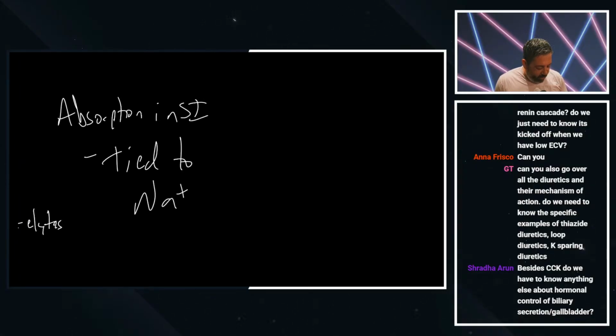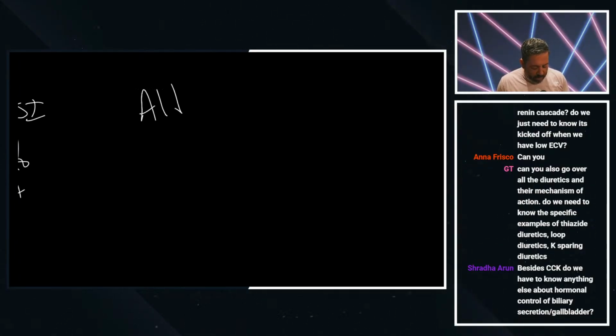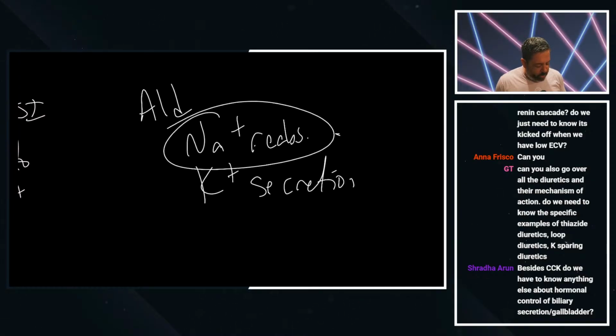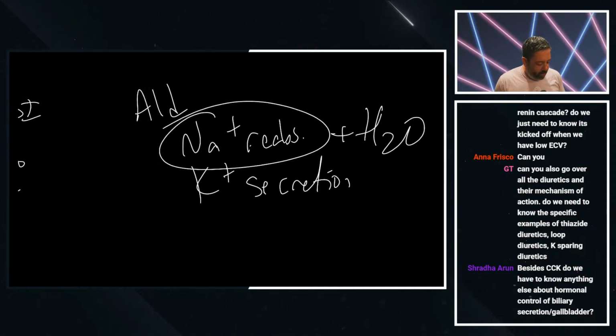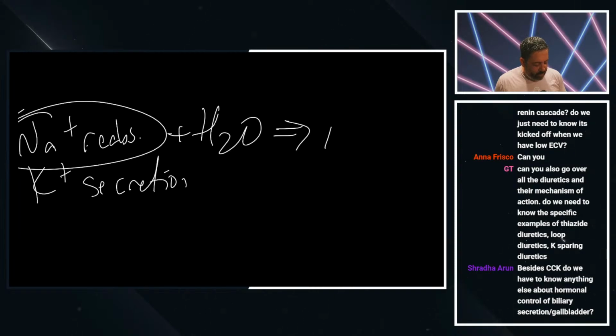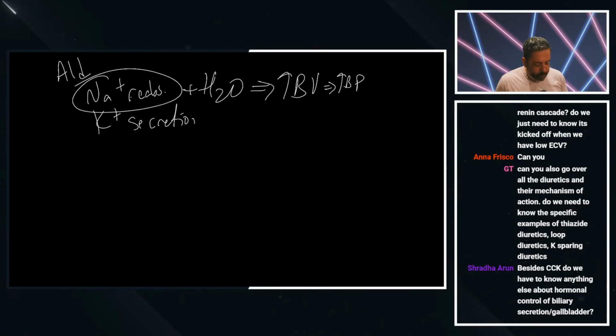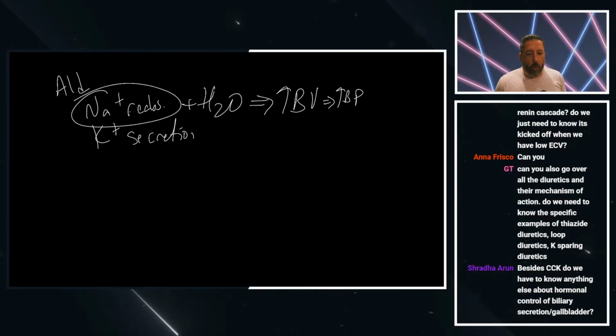Make sure you know what aldosterone's job is: sodium reabsorption, potassium secretion. That's the end result, and we know that if we reabsorb sodium, water is going to come along with it. The end result is to increase your blood volume, which in turn increases your blood pressure. Make sure that all gets in there. You don't need to know all the steps inside.